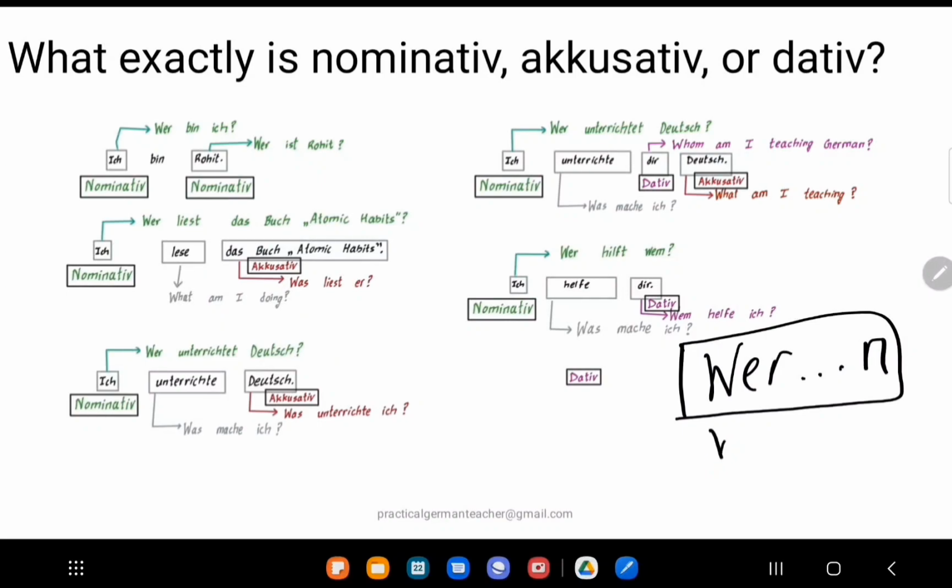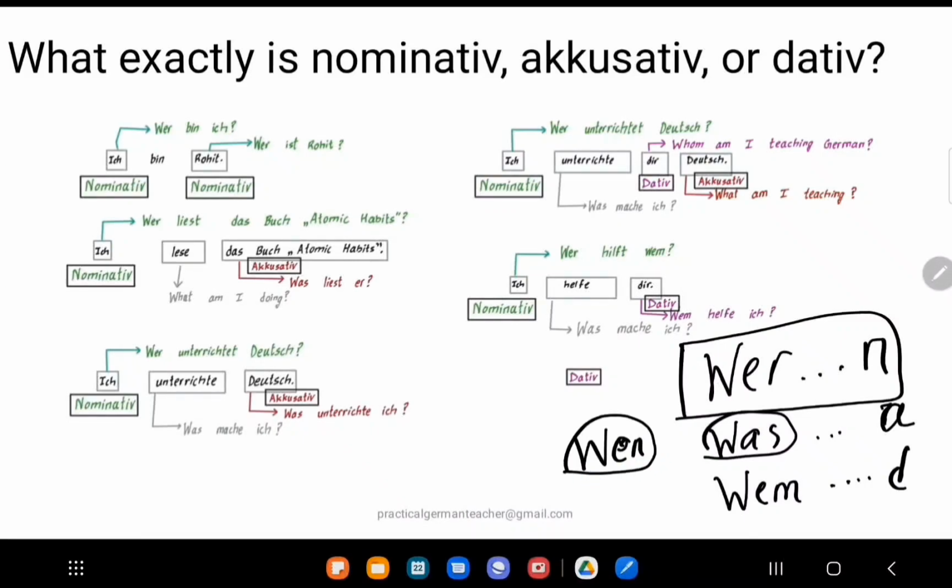Whenever you can ask the question like was, so what, it is accusative. Whenever the question can be like wem, it is dative. Also, whenever it is wen, sometimes it can also be accusative. But now you just need to remember these.